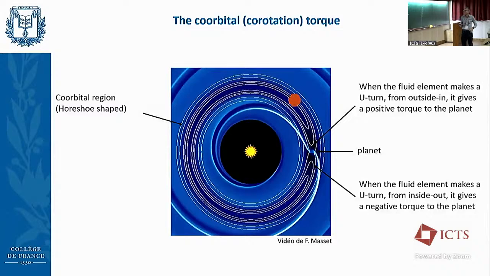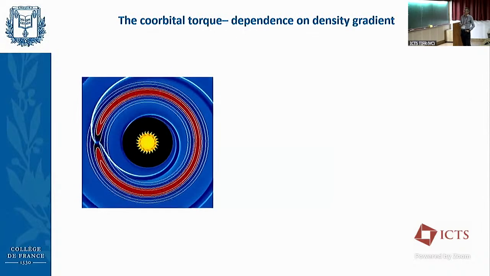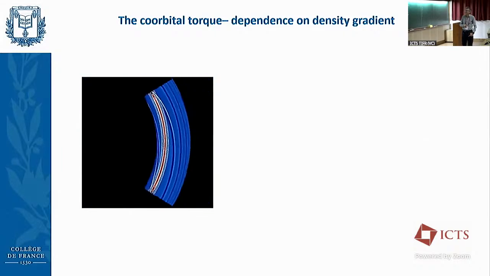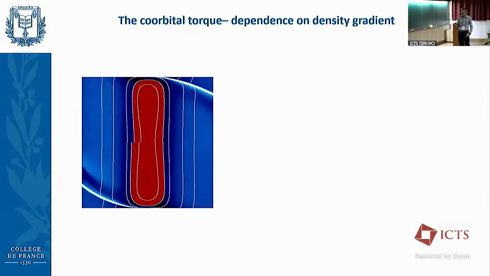Yes, and to understand that, let's change our coordinates. So let's go from this system of coordinates, which is the polar reference frame with the radius and the azimuth, to this system of coordinates where we introduce simply a radial direction and an azimuthal direction, and analyze what happens in these coordinates because it's much more clear.